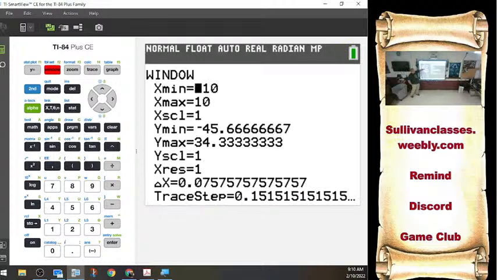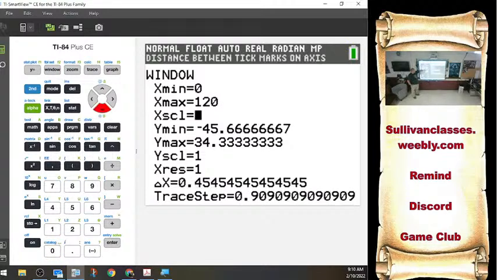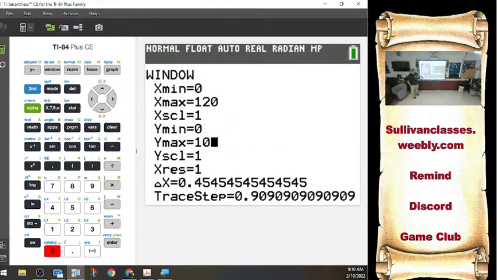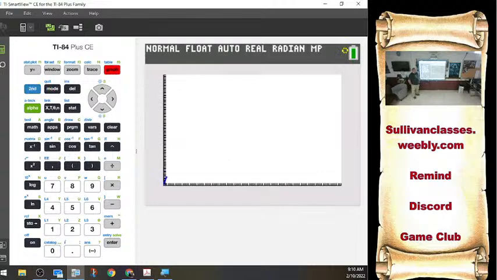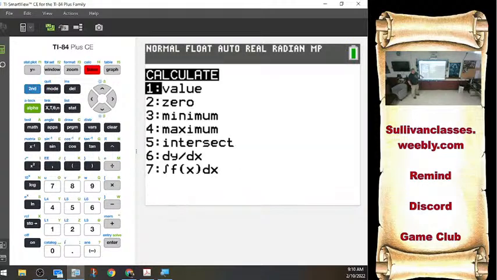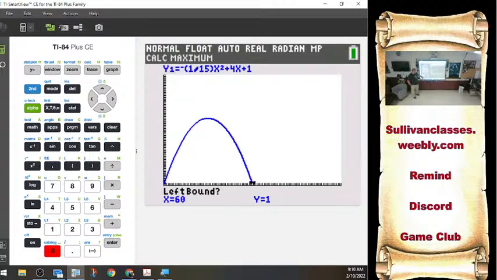I was just seeing if it would work. My window goes from 0 to 120 yards, is the football field. What's the highest that I think this guy can kick it in the air? I don't know. If you can go 100 yards in the air, I'd say you're pretty boss. And then go look at the table. Look at the graph. Come on, Frank. Calculate my maximum.